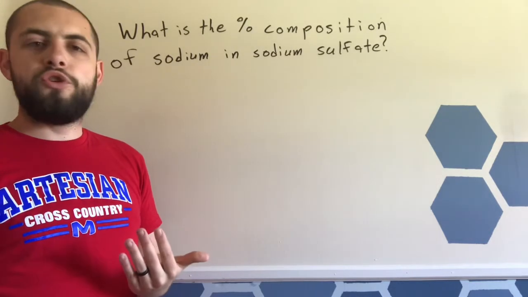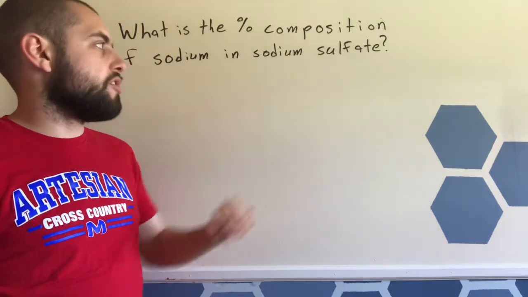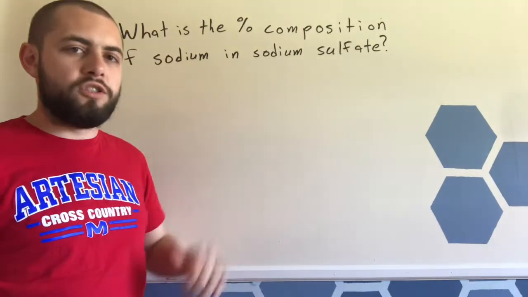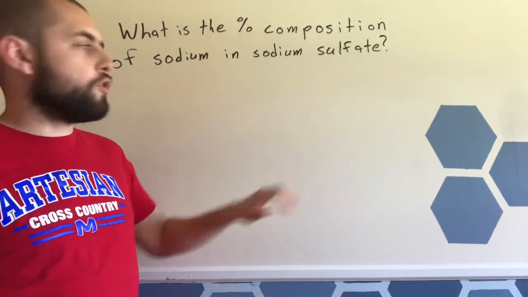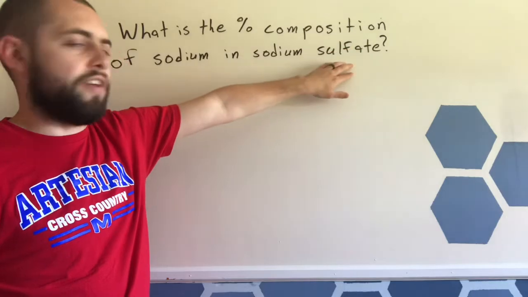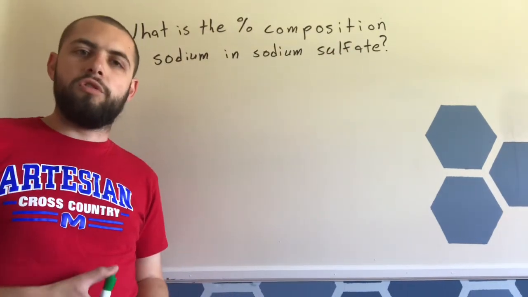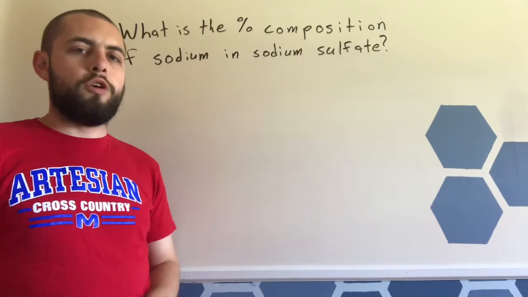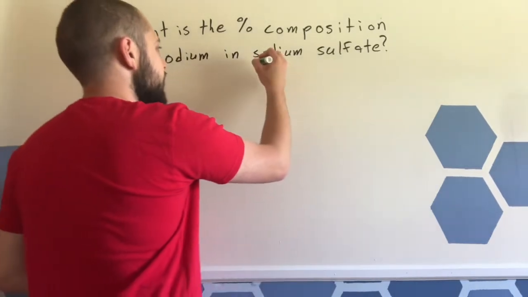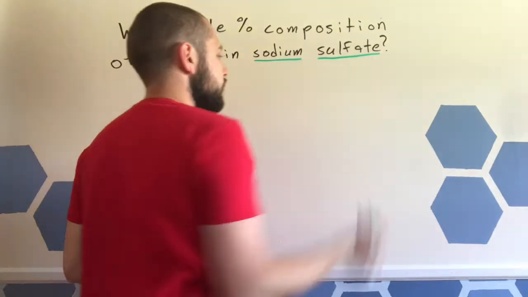I didn't tell you how many sodium atoms there are, how many sulfur or oxygen atoms there are. I just told you that it's sodium sulfate. So you would need to use your nomenclature rules to figure out what this formula is. We're looking at sodium sulfate.